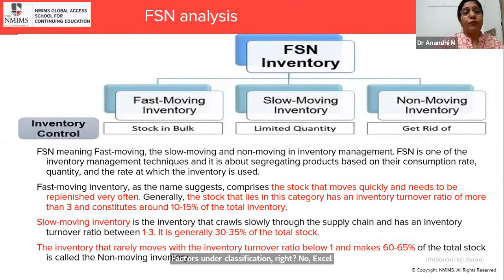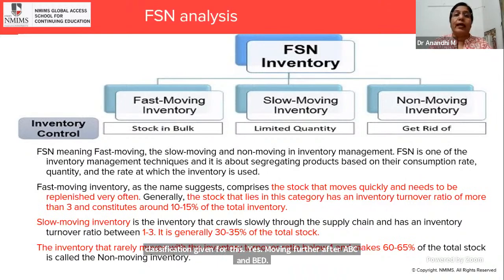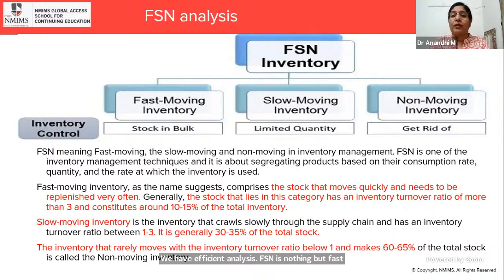Moving further, after ABC and VED, we have FSN analysis. FSN is nothing but fast moving, slow moving, and non-moving inventory. Whenever we say fast moving, slow moving, non-moving, you can obviously relate that to a finished product.